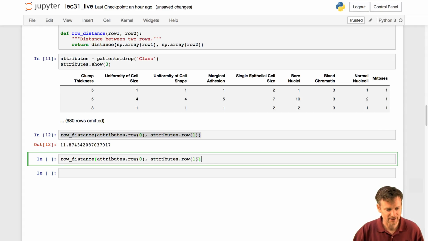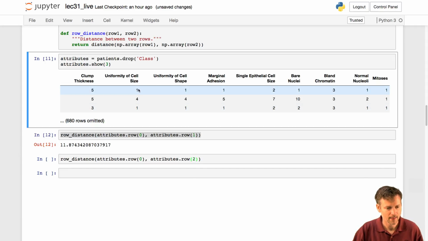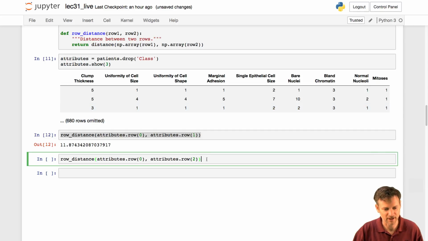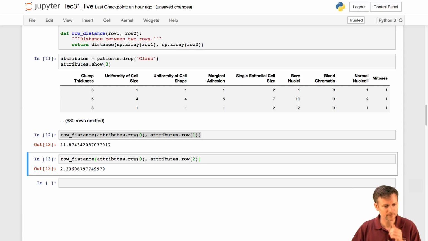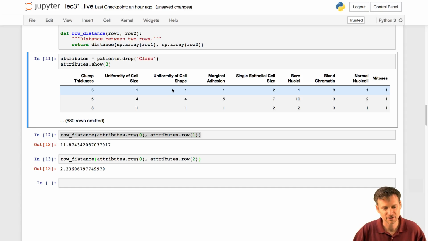Now let's do the same thing again. But this time, let's compare patient 0 with patient 2 instead of patient 0 with patient 1 and see what happens. Now the distance is only 2.23. So would you say that patient 0 is more similar to patient 1 or more similar to patient 2?